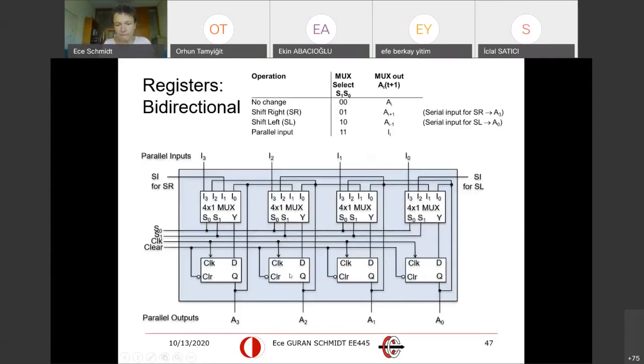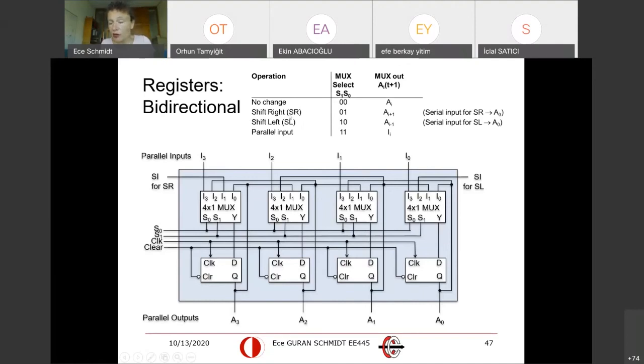Then, with this basic structure, we added the combinational circuit, together with the multiplexers, and we generated the control inputs. So now this bidirectional register, the control inputs are S0, S1. They describe the operation. So S0, S1 = 0, 0 means the content of the register is the same, which means I am reloading the content.